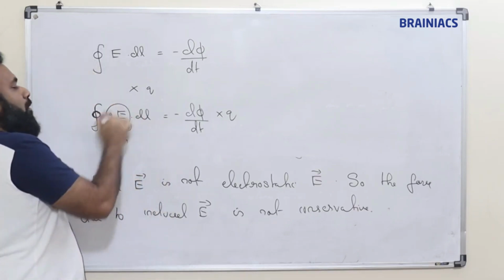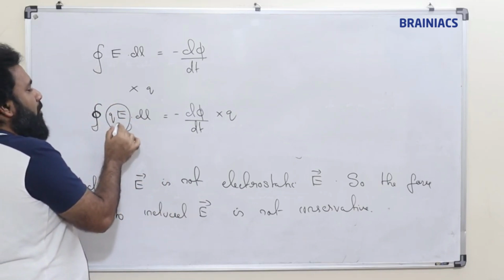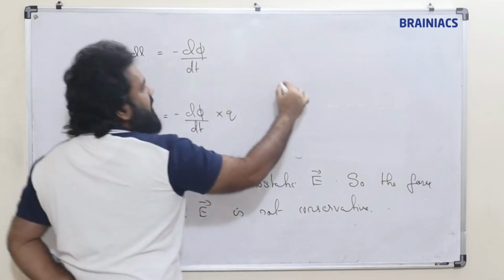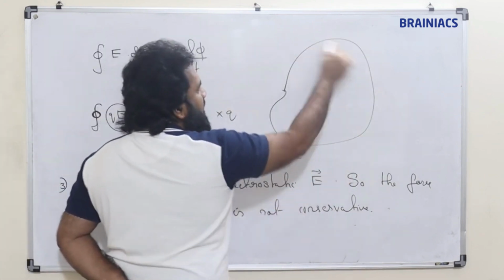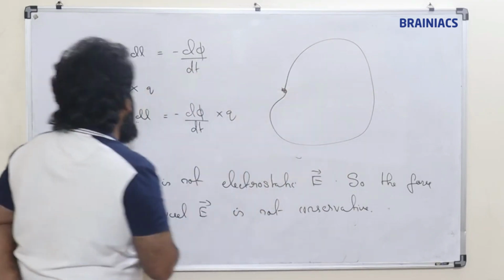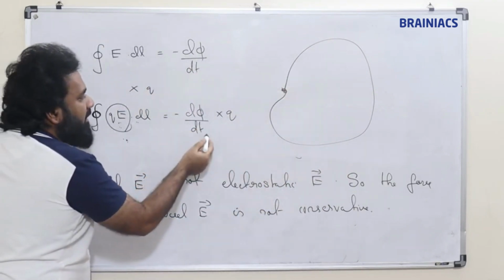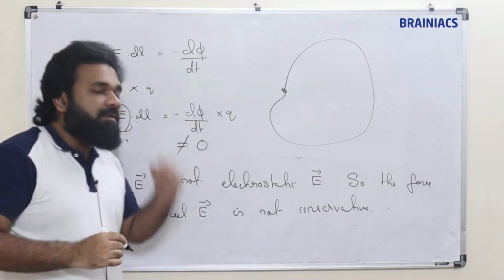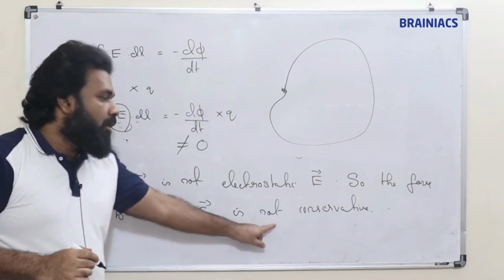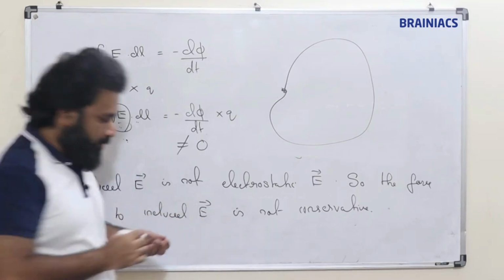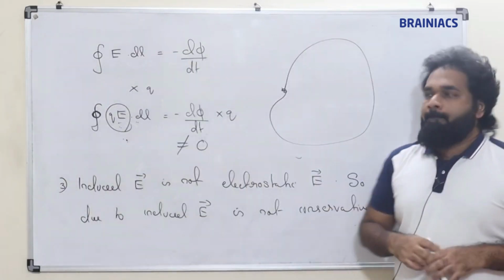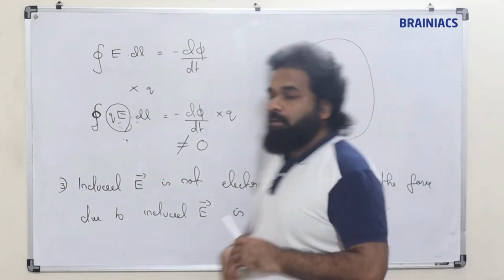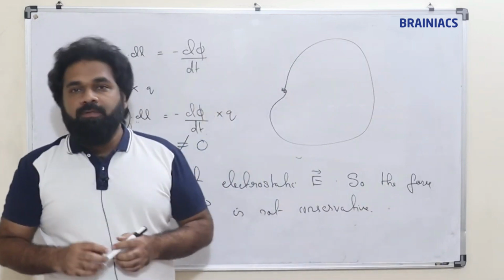But in the closed path, the integration of F dot dl, that is the work done in taking the charge around the closed path, is equal to minus d phi by dt into Q. This is not equal to 0. Some value is coming here. That is why we can say this is not conservative. Important point, please note it down. Pause the screen and note it down. Okay, children, now we will do some problems on the induced electric field also.